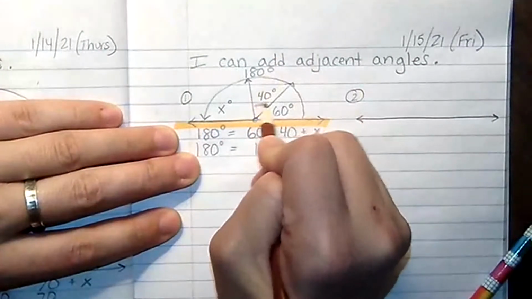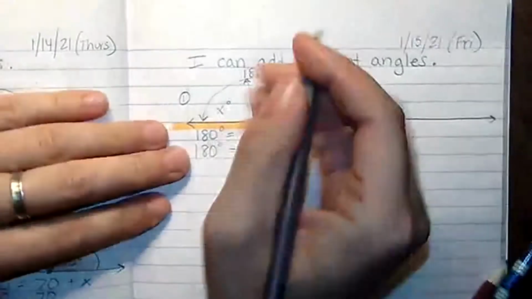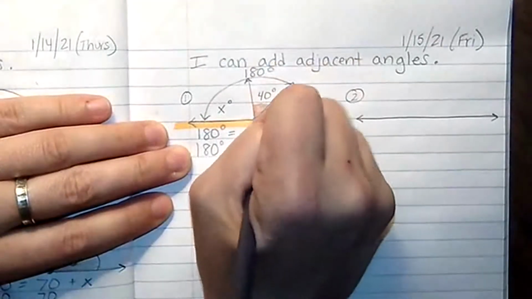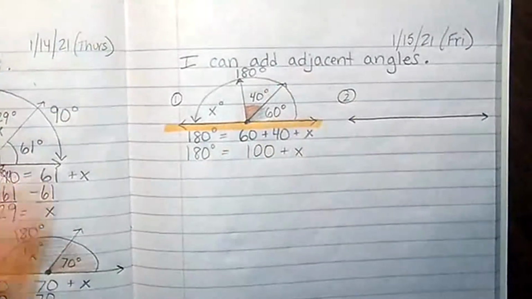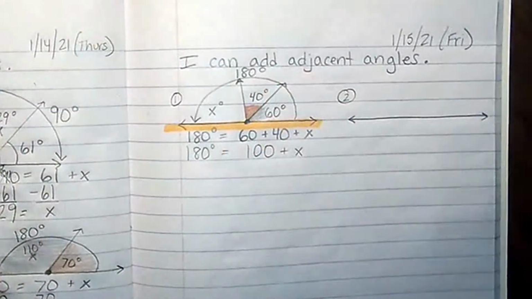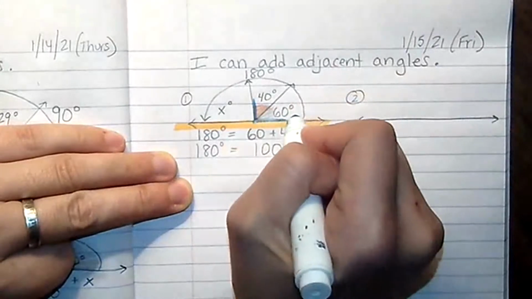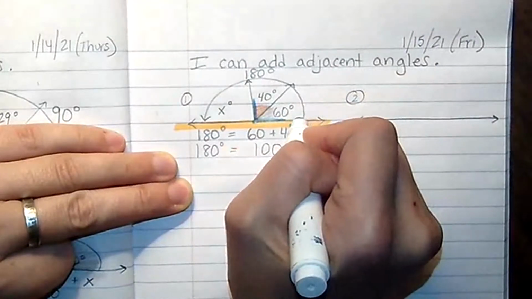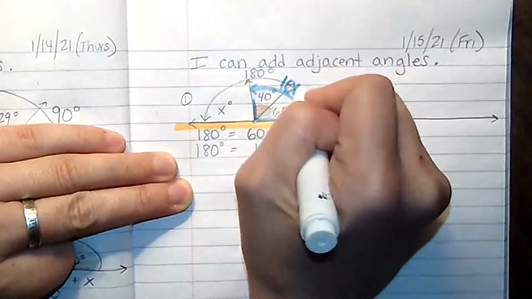They were separate. This was a little angle over here. And this was a little angle right next to it. And I took these 2 little angles. I said, wait a second, I'm going to put those guys together. And that's how I got this angle. So now I know this part right here, just this chunk, measures 100 degrees.